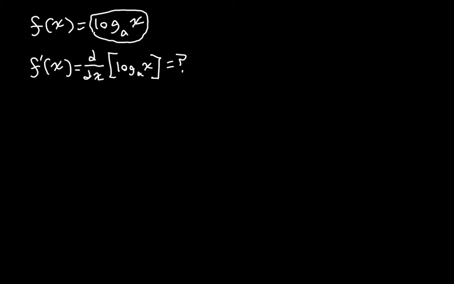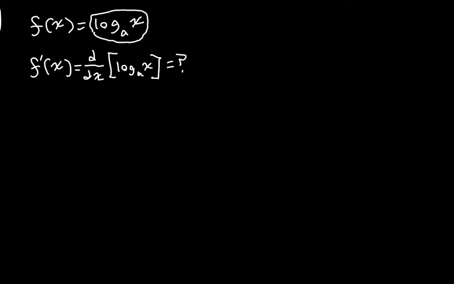So to do this, I think that we are going to have to look back at some log properties, because from our understanding of the derivative of natural log of x, which is 1 over x, if we put this in terms of natural log of x, maybe things will get simpler.